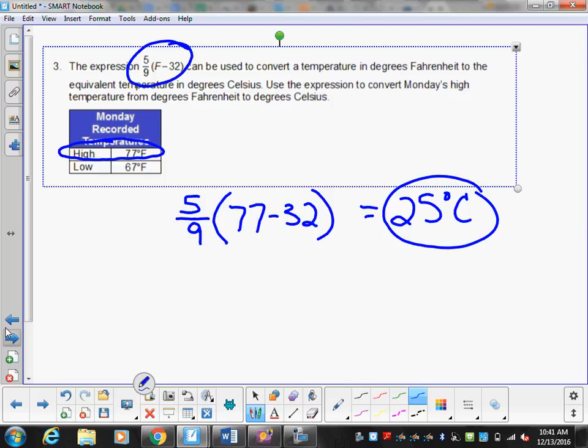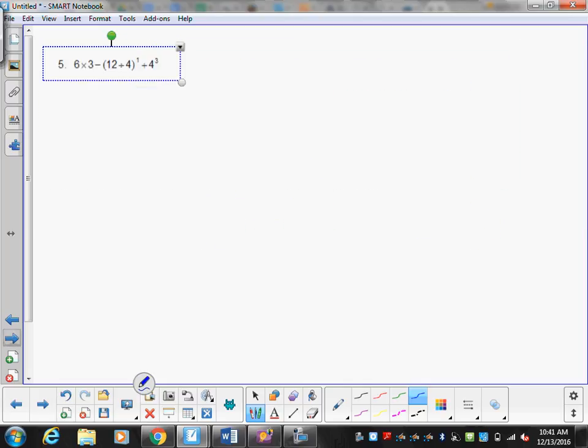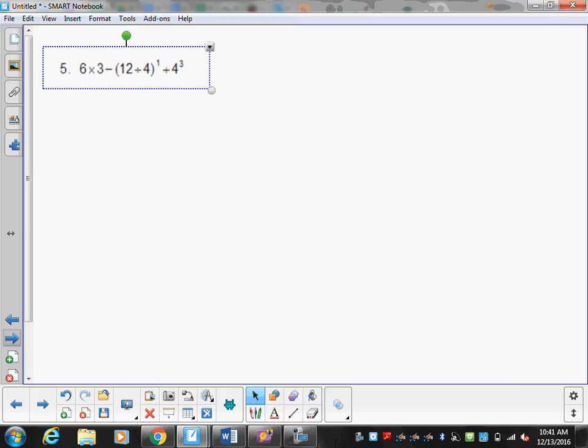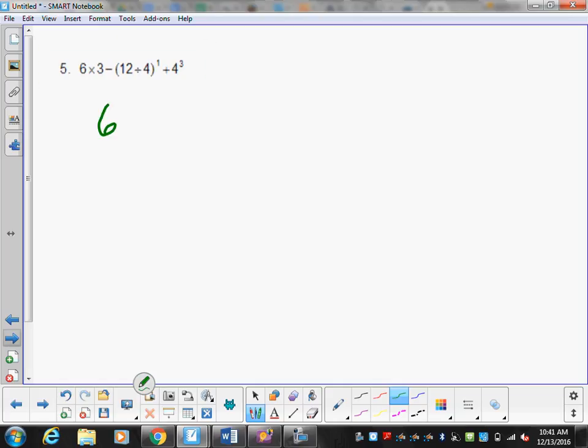Okay, on this next one, this is number 5. Again, this is one of those problems you're just going to plug directly into your calculator the way it's written. So in my calculator, I'm going to put 6 times 3 minus parentheses 12 divided by 4 raised to the first power, close parentheses to the first power, plus 4 raised to the third power.